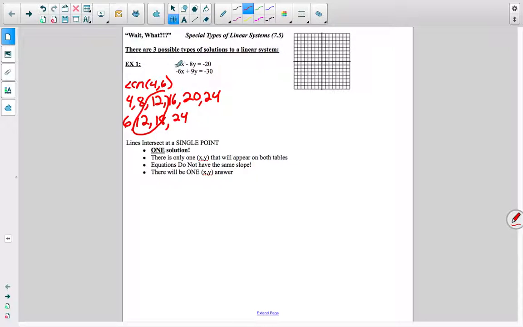So I'm going to multiply the top equation by 3. That's going to give me a negative 12x. And I'm going to multiply the bottom equation by negative 2. That's going to give me a positive 12x.